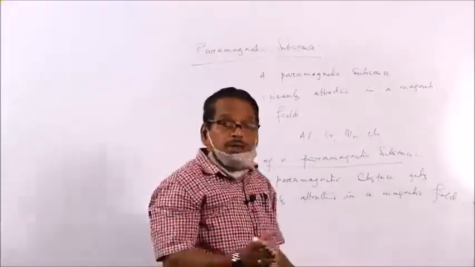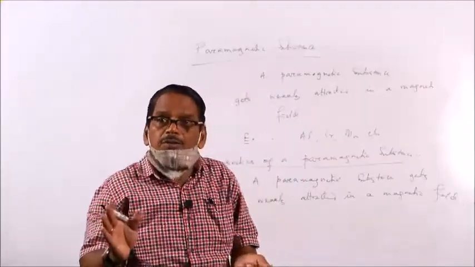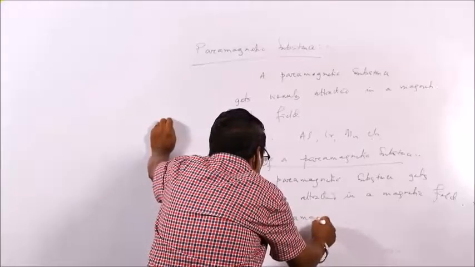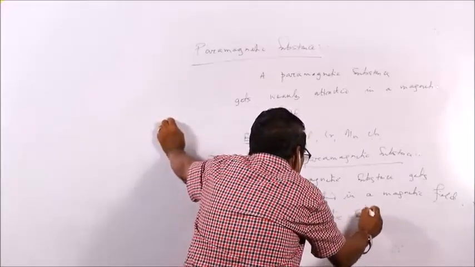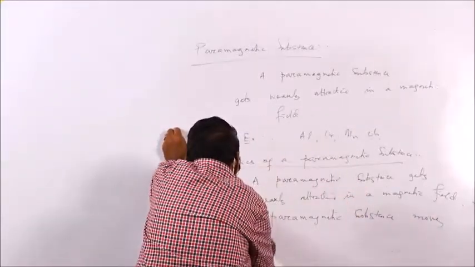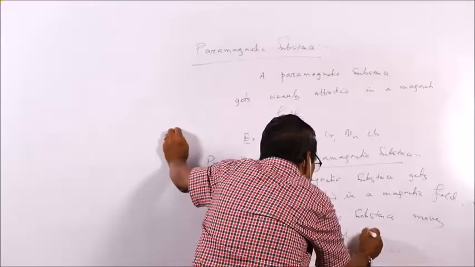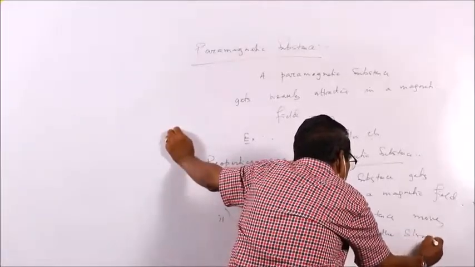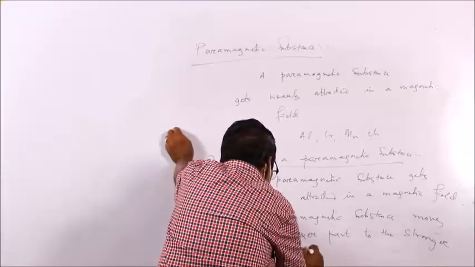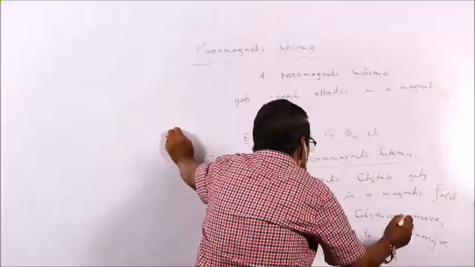Second, a diamagnetic substance moves from the stronger part of the magnetic field, but a paramagnetic substance moves from the weaker part to the stronger part of the magnetic field, because it gets attracted.